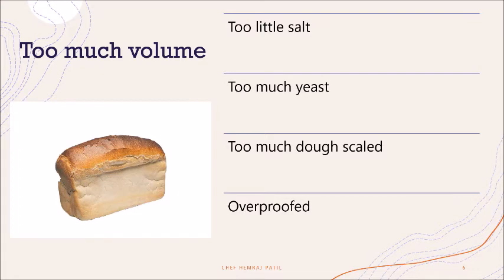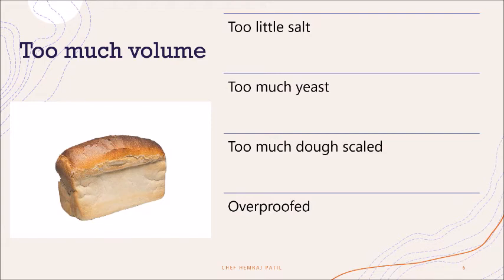Third, too much dough scaled. Like if you want to make a sandwich bread, and in that mold, 700 grams of dough is required, instead of that, if you put 750 grams of the dough, 50 grams extra, you know what is going to happen exactly. It will come out of the mold, right?